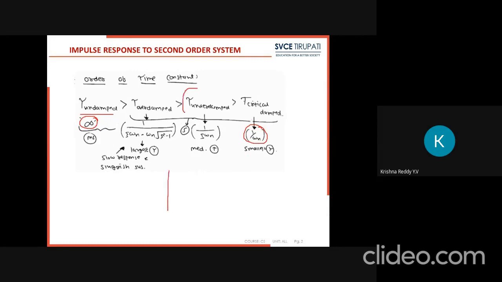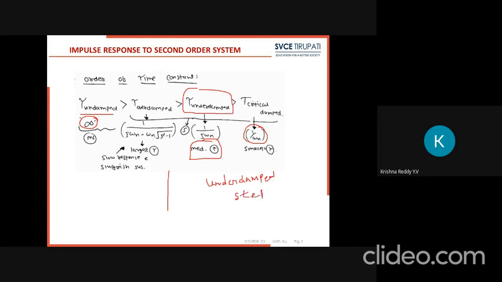Only for the underdamped system do we get a medium range of time constant. That is why we calculate the time domain specifications for the underdamped system subjected to the step input.